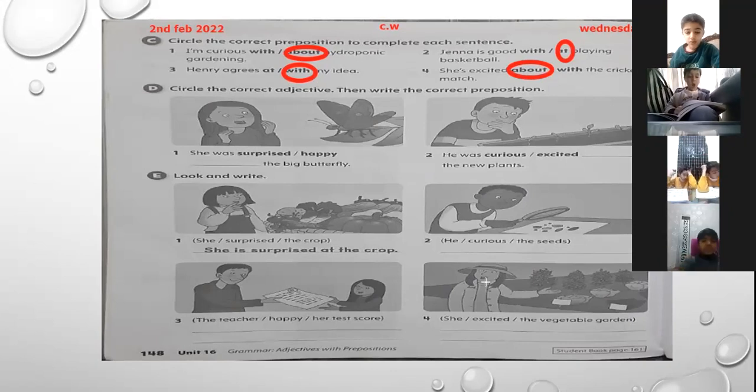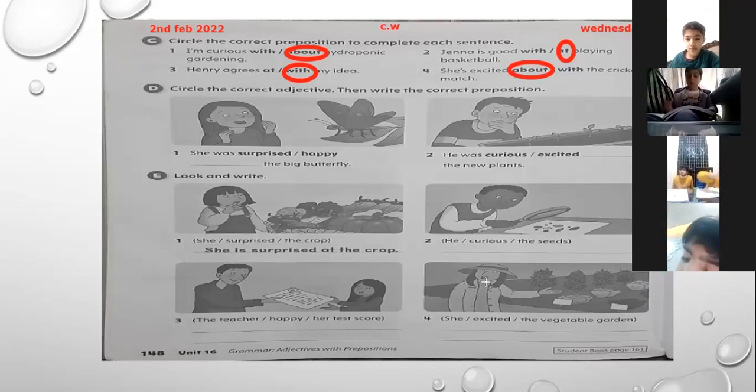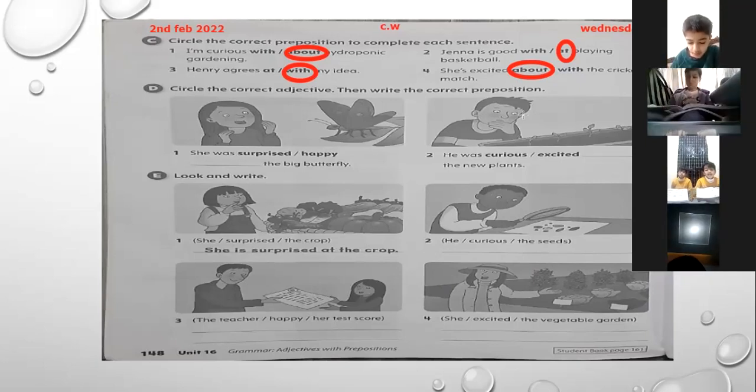So she was surprised or happy. Dash the big butterfly. First of all, you have to circle the correct adjective. Does she look surprised or she is happy? Look at her face. Yes, Taha Bilal, Taha and Talha both. Who will tell me? She was surprised or she was happy?